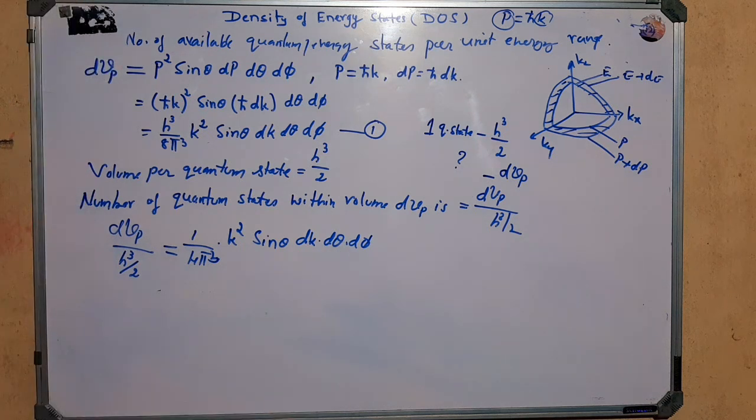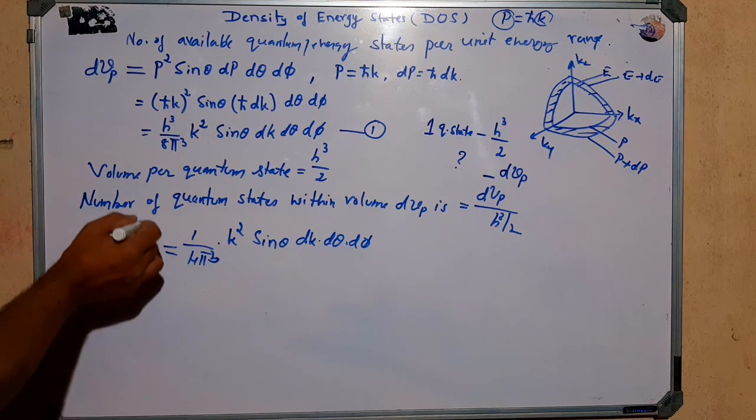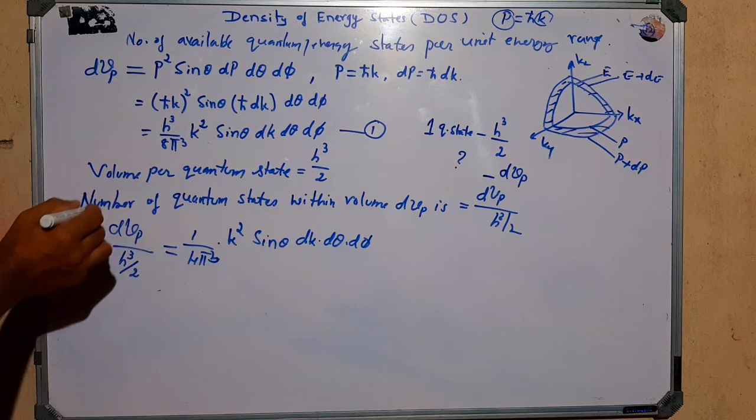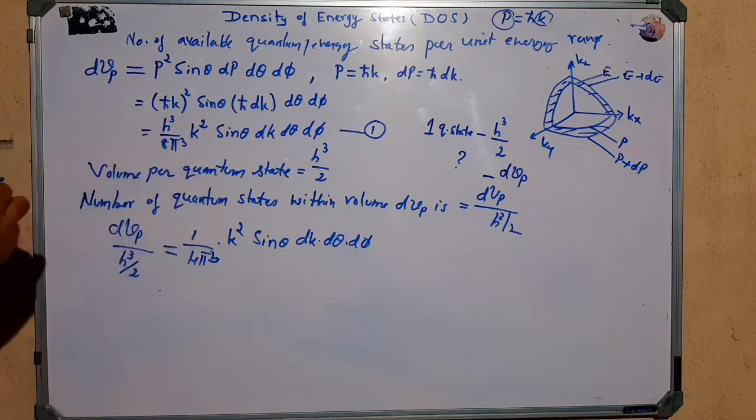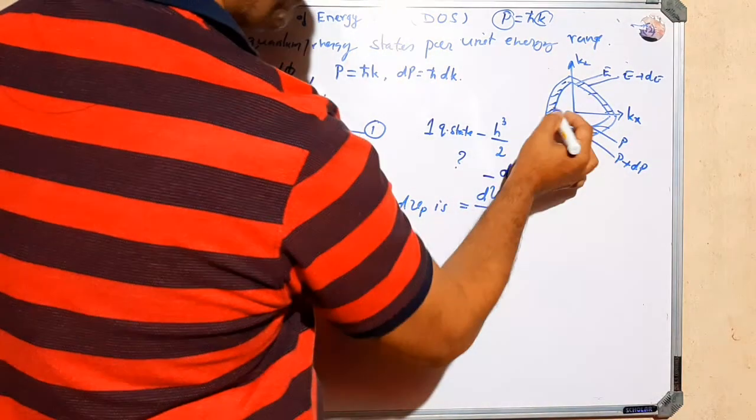What does this indicate? The number of quantum states available in the volume dVp.